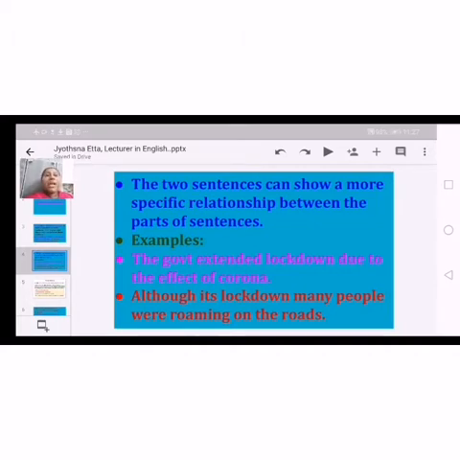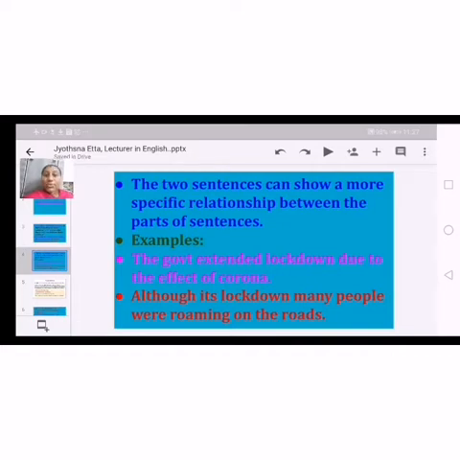For example, the government has extended the lockdown due to the effect of corona. Of course, the government extended the lockdown. Why? What is the reason? Due to the corona effect.